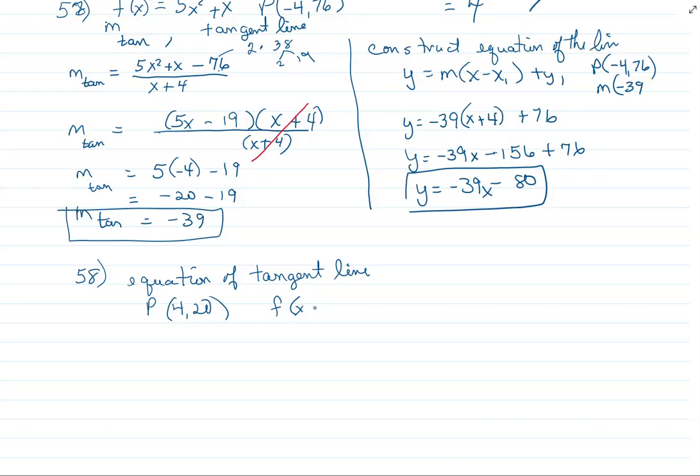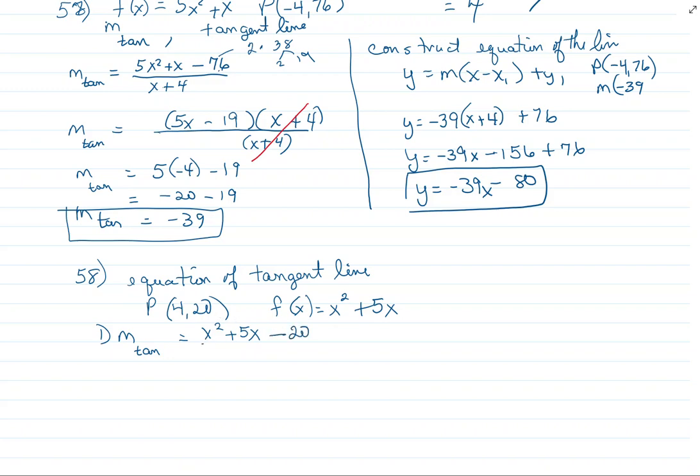Okay, so our first step is to find my tangent slope. And that's going to be x squared plus 5x minus my 20 over x minus the 4. Does everybody see where I got that?